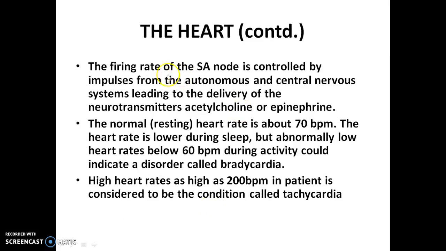The firing rate of impulses from the SA node is controlled by the autonomous and central nervous systems, which deliver neurotransmitters called acetylcholine or epinephrine. Acetylcholine is a neurotransmitter chemical which transmits the electrical impulse from one neuron to another neuron.